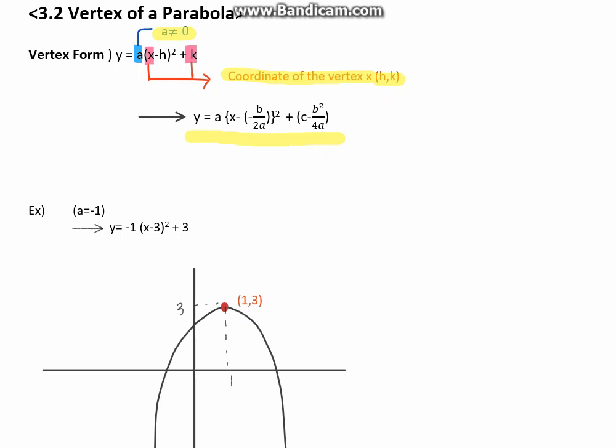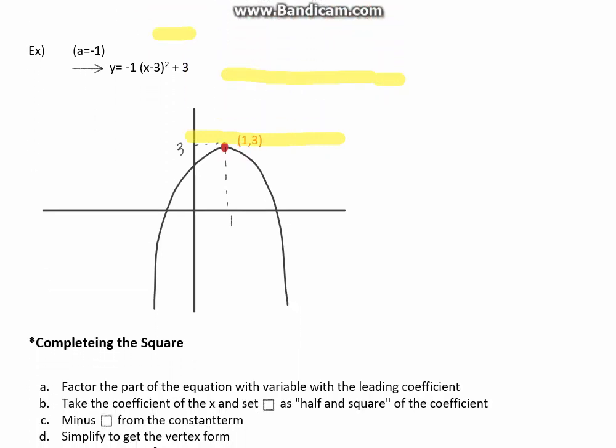If you look at an example here, if we say that a is equal to -1, the function is going to basically be y equals -1(x minus 3) squared plus 3.